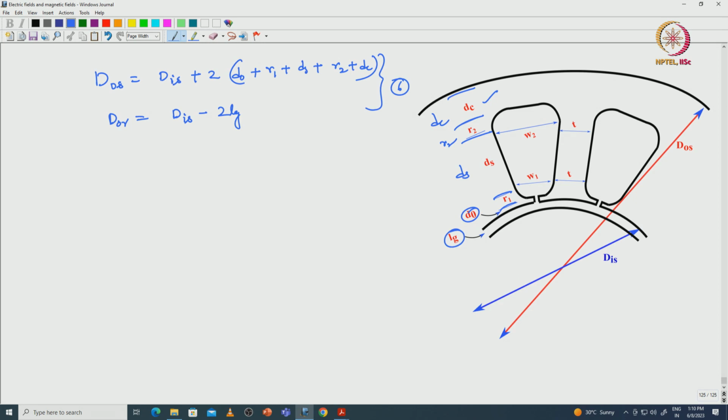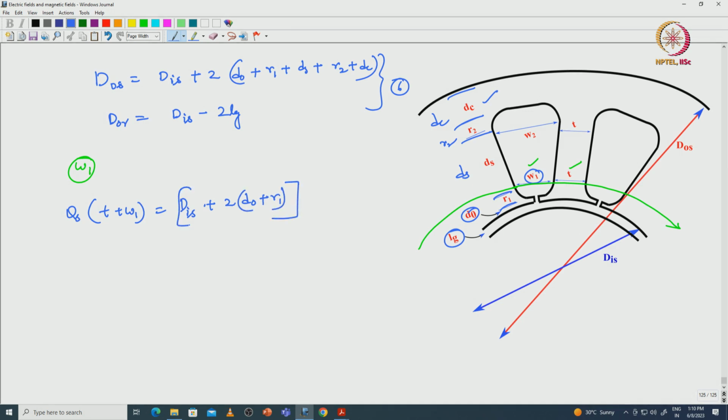Now, the perimeter of the slot with respect to W1. If I want to calculate the perimeter in this line, where W1 and T we know, the width of the teeth as well as the width of a slot at the bottom side, that means the perimeter of the stator in terms of W1: Qs into T plus W1 is equal to dis plus 2 into d naught plus r1, into pi.